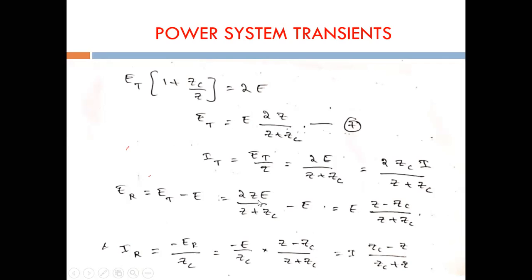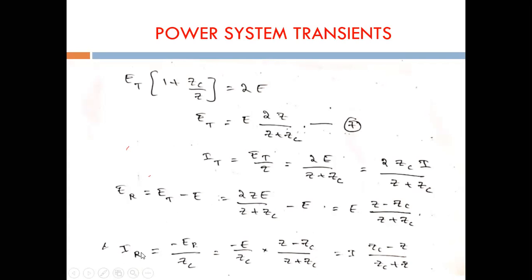Then we obtain 2ZE by Z plus ZC minus E, that is equal to E into Z minus ZC by Z plus ZC.